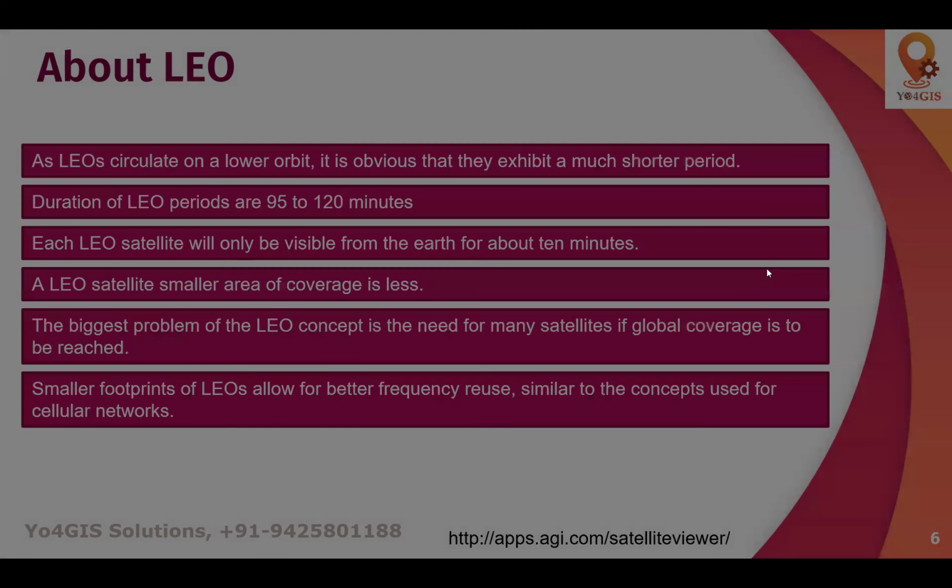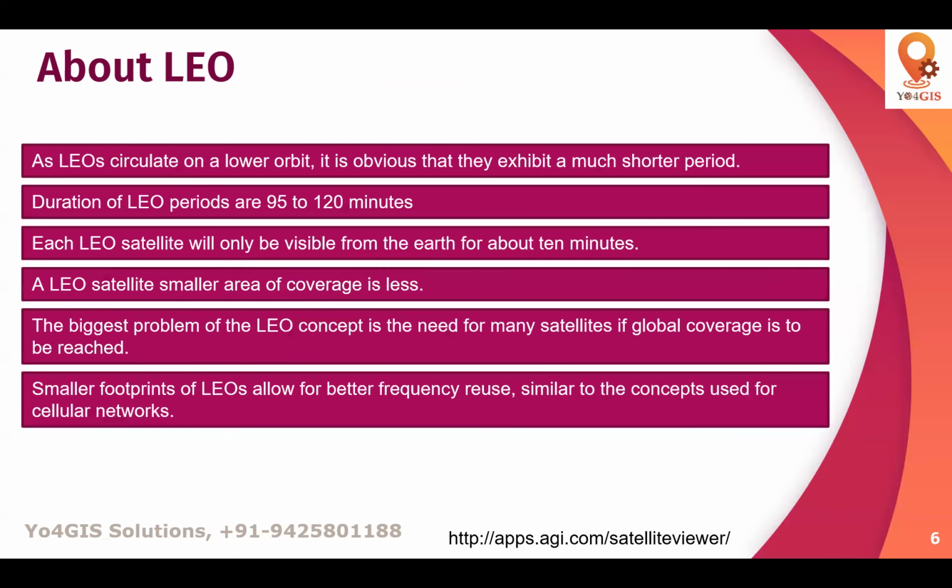So here, if you look at the LEO, LEO circulates on a low orbit. It is obvious that they exhibit a much shorter period. As you know, LEO always works on the low orbit, so definitely it will take a short period of time for one round.